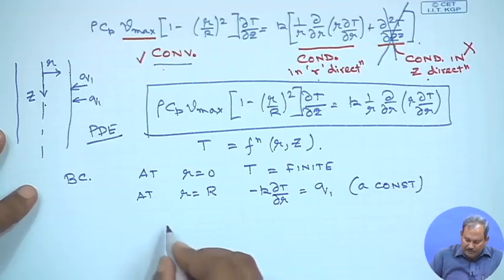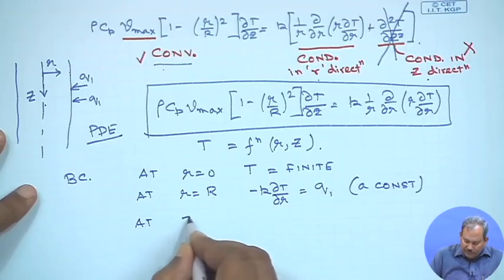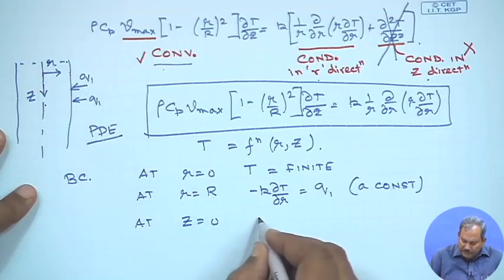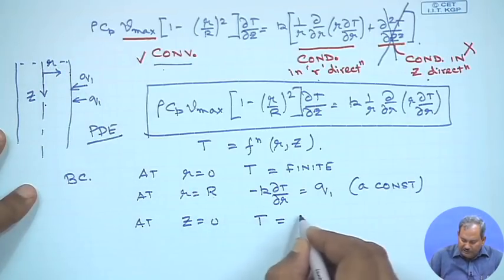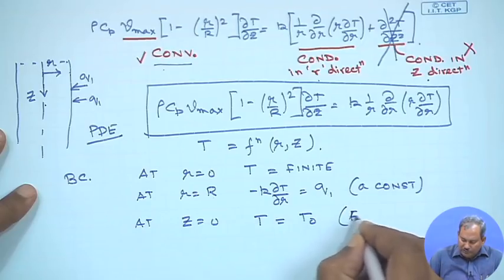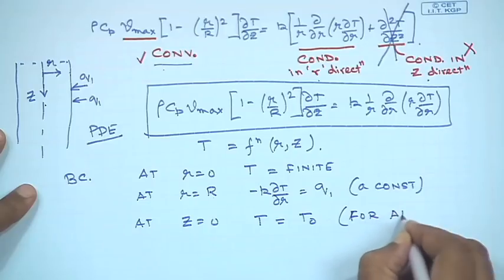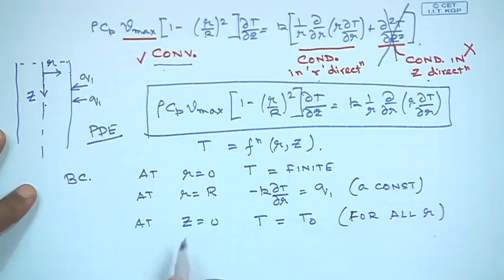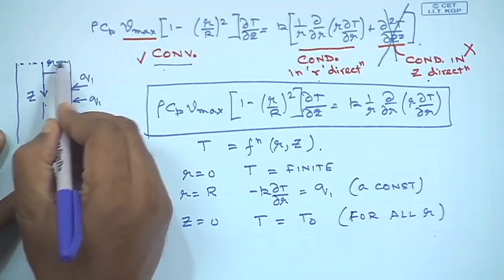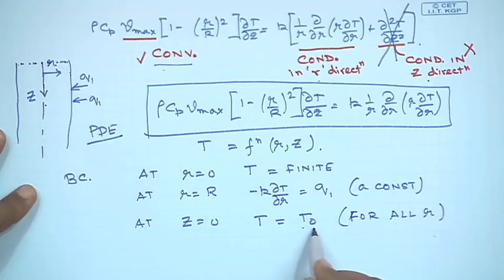Heat is being supplied, and at Z equals 0, that means at the beginning of this tube, the temperature is going to be a constant, let us call it T0, and this is for all R. So, at the entry point, the temperature here is uniform and is equal to a constant T0.